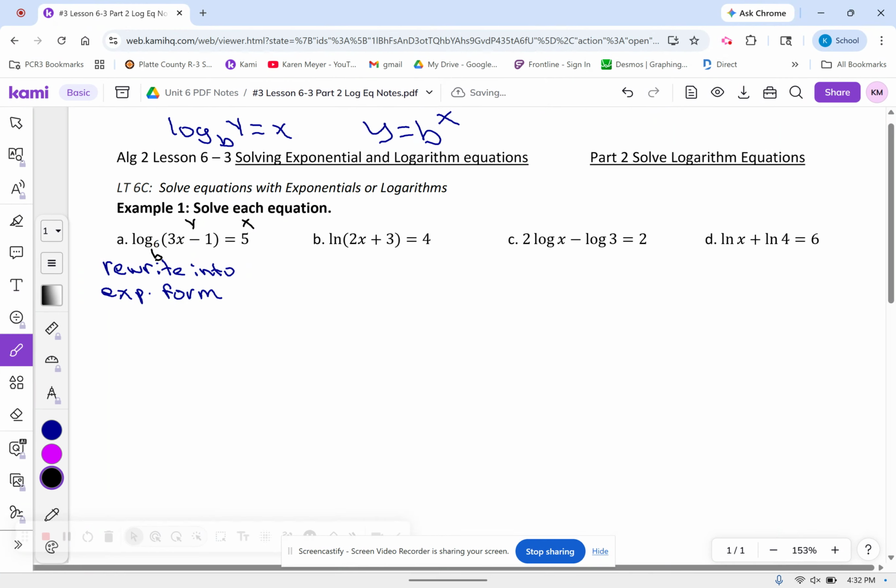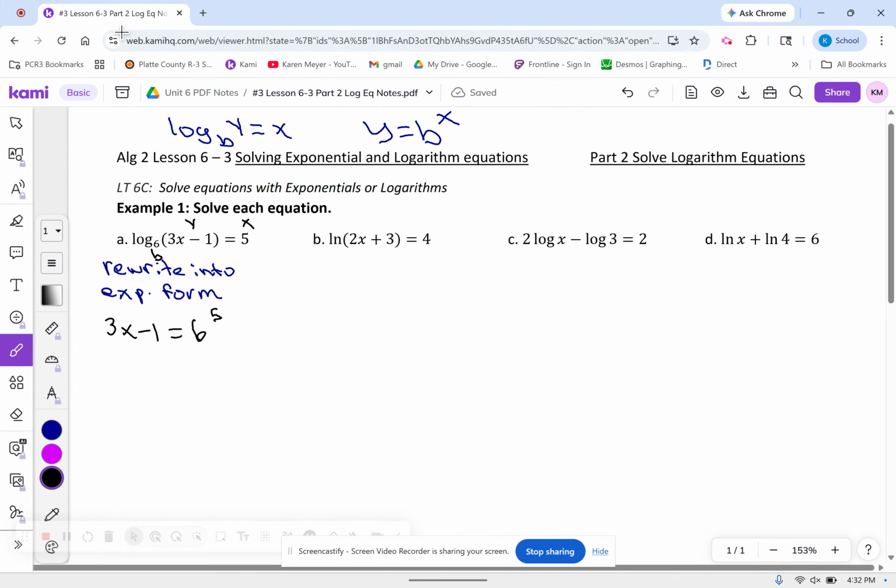So now, since I've identified what is in each letter in the log equation, we're going to rewrite it into exponential. So it says y, which is our 3x minus 1, equals b, which is the base. The base is 6 raised to the x, so the power is going to be the 5.